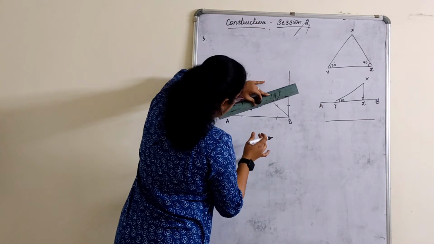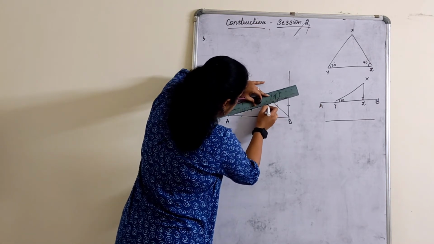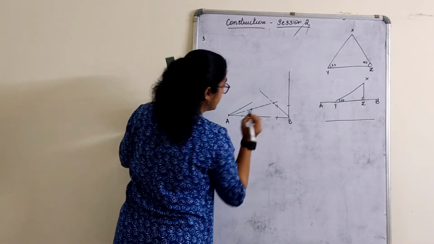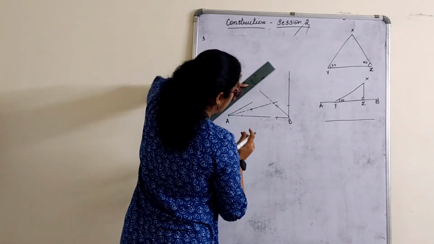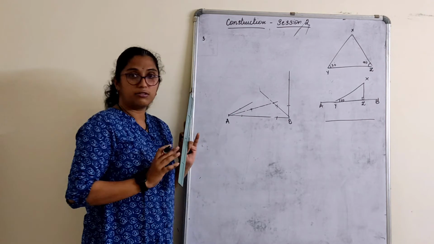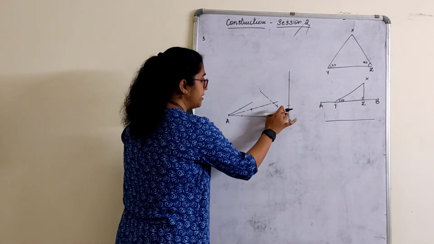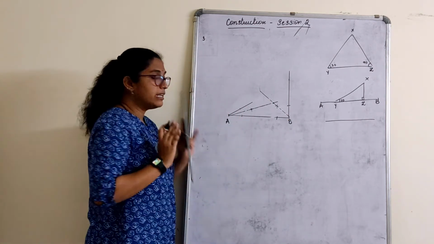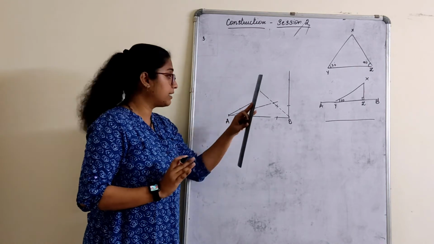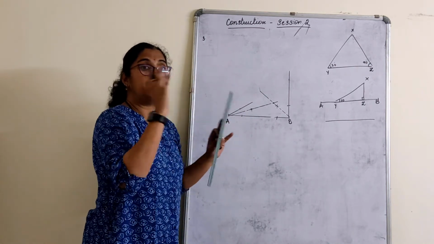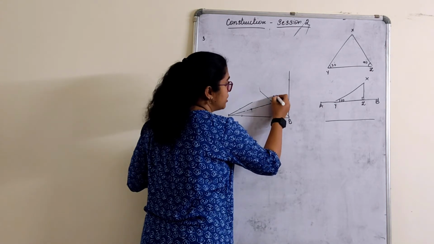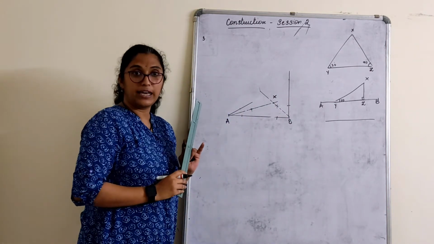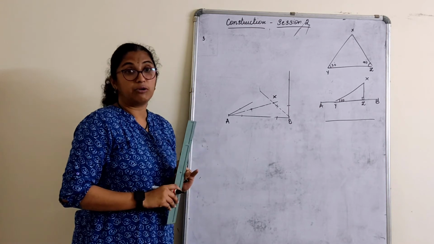I'll make sure that the angular bisector of 30 degree and the angular bisector of which one? I will draw this in dotted lines only because that is not still the original triangle. If you want, all this can be in dotted lines. The angular bisectors of 30 degree and 90 degree will meet at a point. And children, that point of intersection is X. Okay? So your X point is found now.